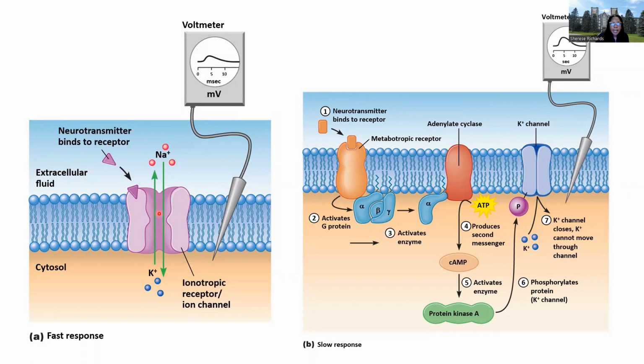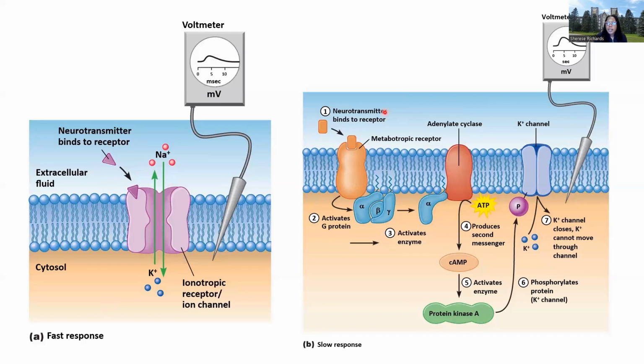So when the ligand binds and the channel opens up, sodium and potassium are both moving through this channel. More sodium is coming in, right? Remember, sodium has a stronger ECDF, so sodium is rushing in, whereas potassium is trickling out. That ultimately results in depolarization, and that quickly generates a fast response on the postsynaptic cell.